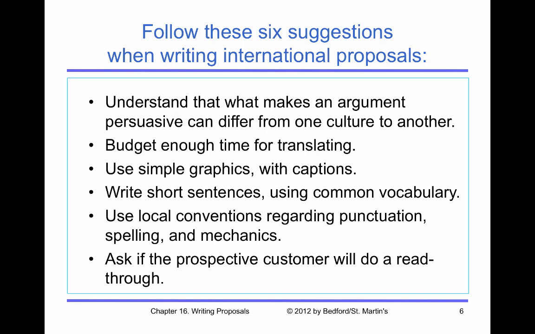Here in America, we're probably more about cost savings and that type of thing, whereas in other parts of the world, what they really value maybe is tradition. So, different cultural value systems. There might be translating involved with this proposal. You'll need to allocate time for that.